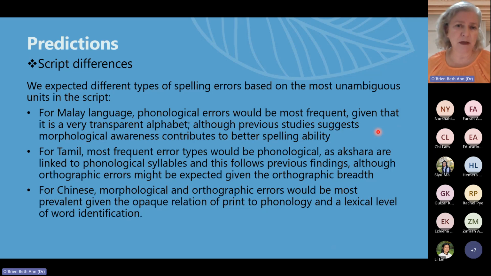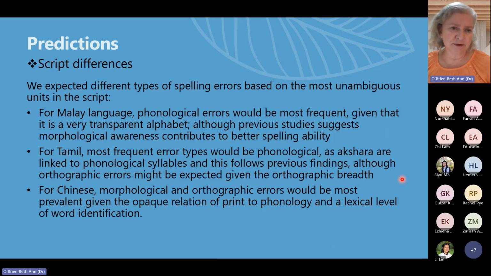And so they might be utilizing more phonological information, and therefore that would yield more phonological errors in their word spelling. For the Tamil script, we also suspected that they might have more phonological errors, since this is also an alphabetic script.